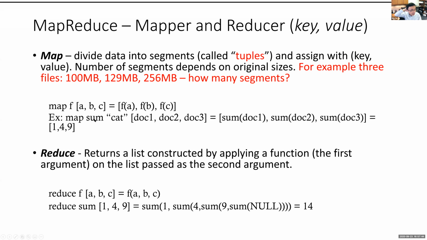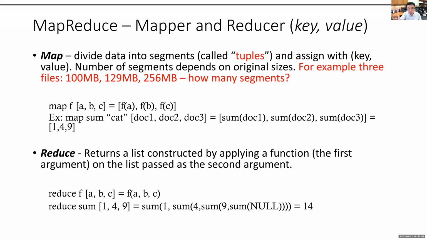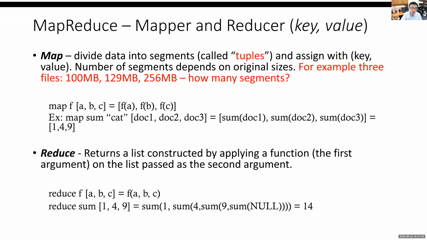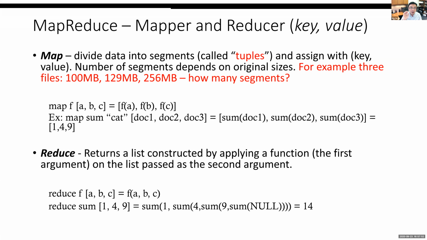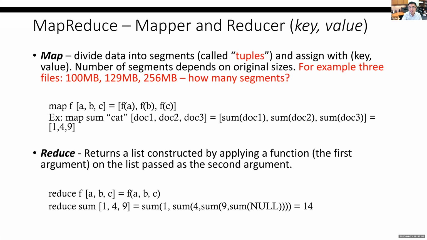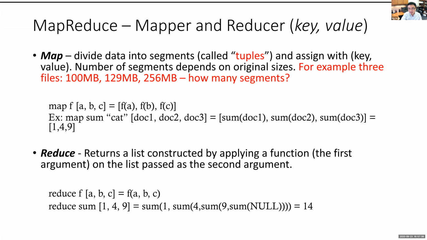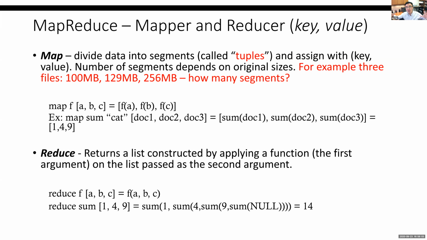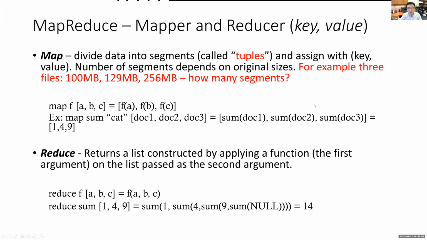Let's say I cut a complete data set into 3 chunks, and the customer's request is to calculate how many times the word cat appeared in my files. Instead of running that kind of algorithm on the entire data, I run it on each of the tuples or blocks. I know in block 1, it appeared 1 time, so that's 1. In block 2, it appeared 4 times, so that's 4.